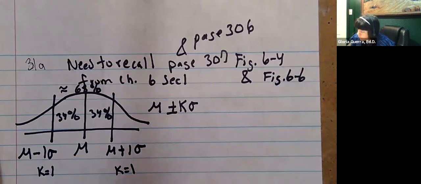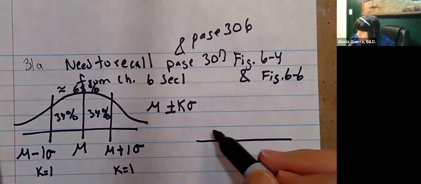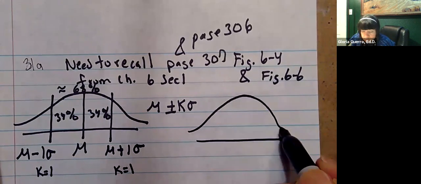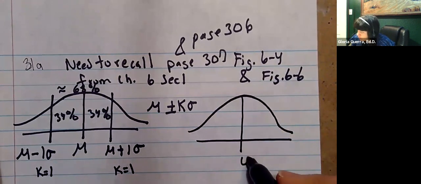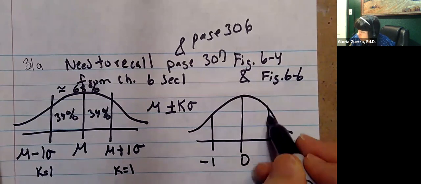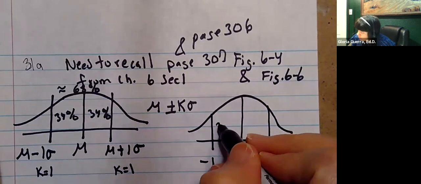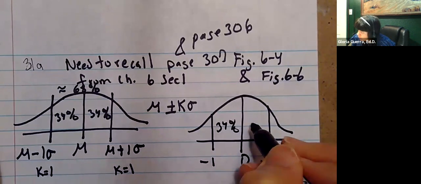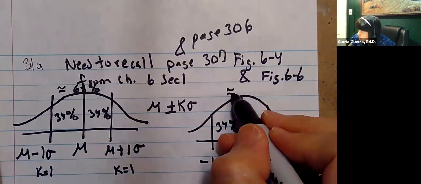And then I have this other figure. Let me see. So I have here 0, -1, 1, +1. And then I also have 34%, 34%, and then 68%.